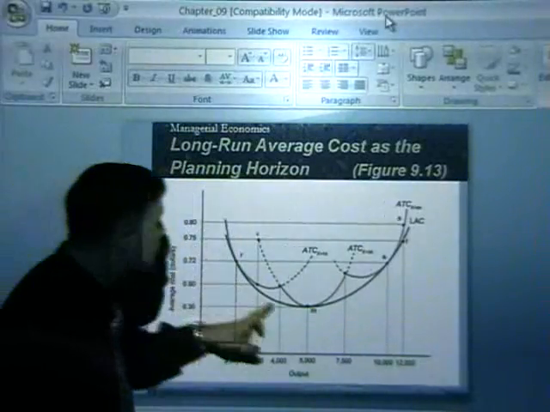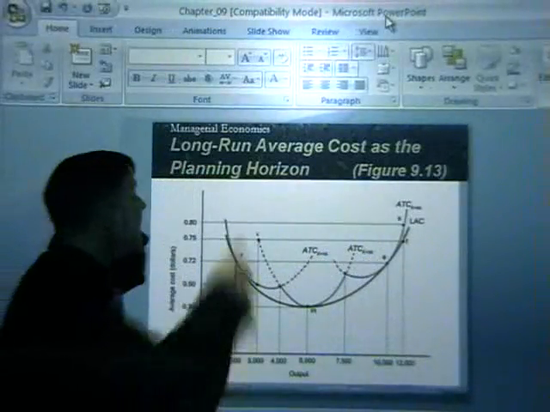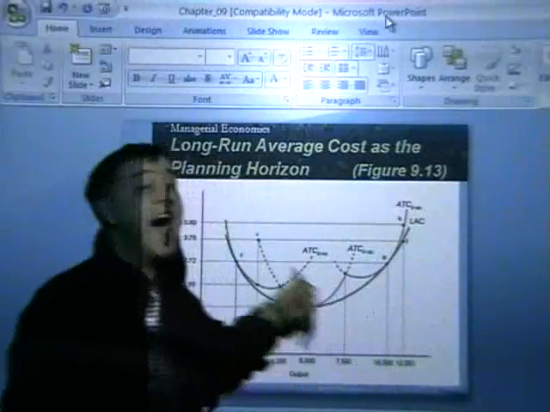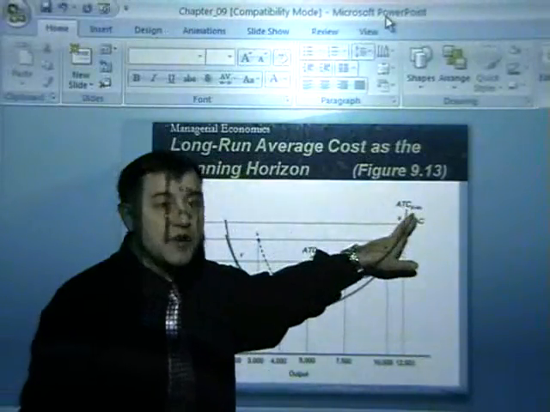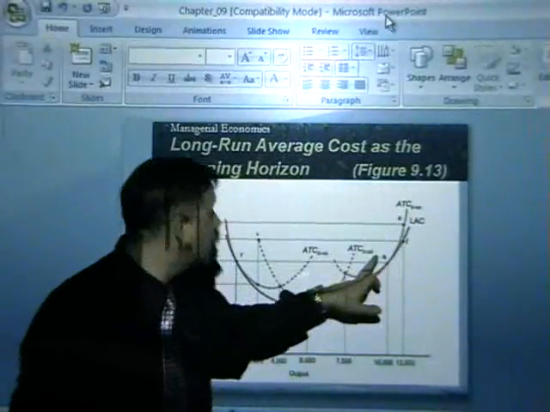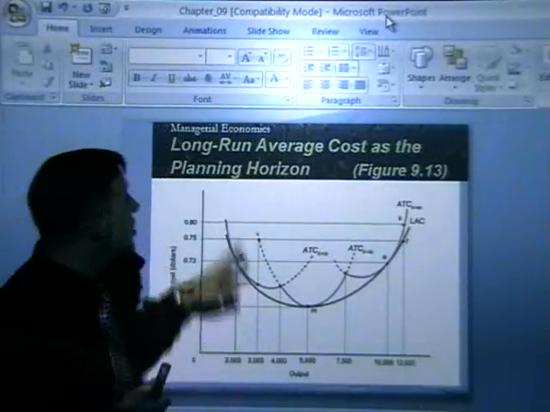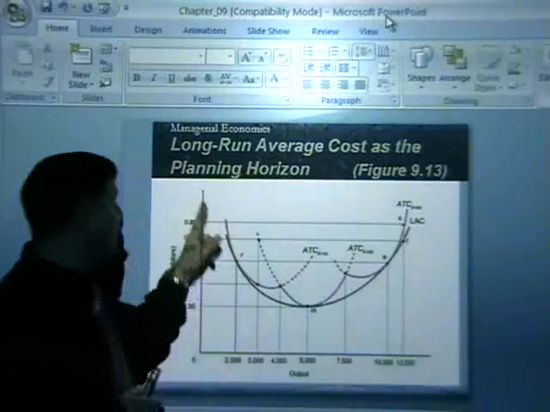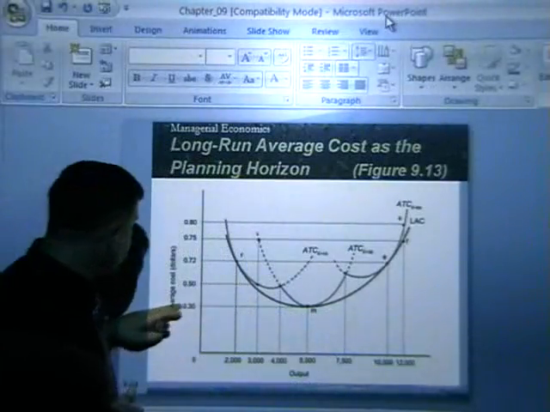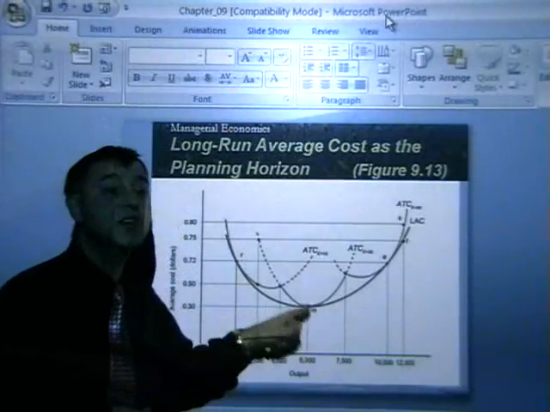So, this is the envelope, and the long run average cost represents the envelope of short run average cost curves for different quantities of capital. So this is the quantity of high capital, the quantity of low capital. As you can see here, the long run average cost will be initially falling, later on rising. This over here will represent the lowest possible cost in the long run.